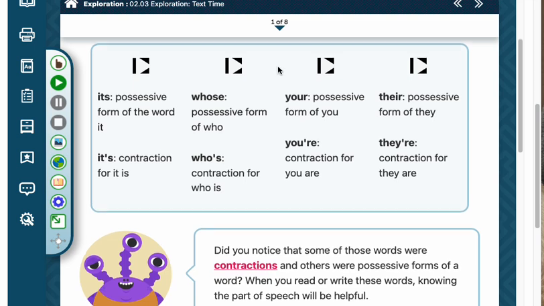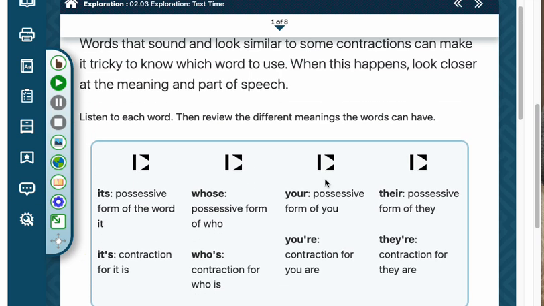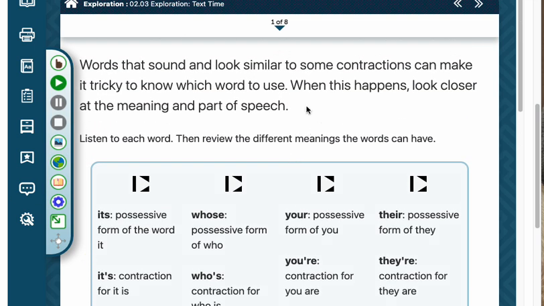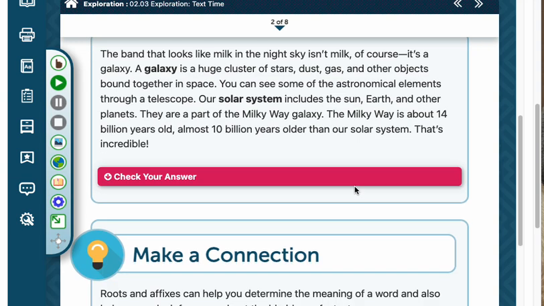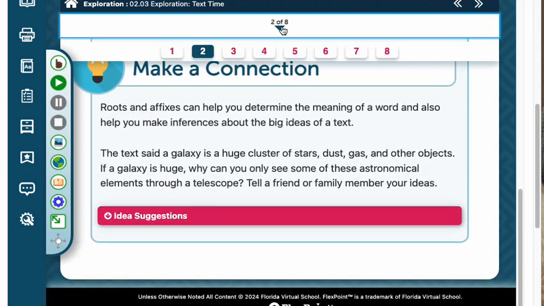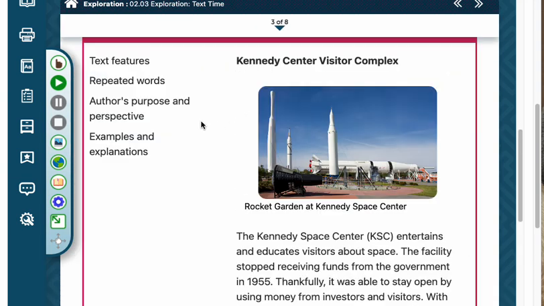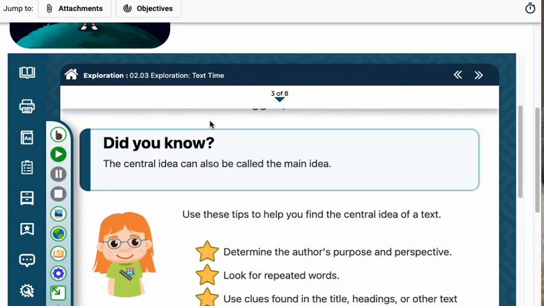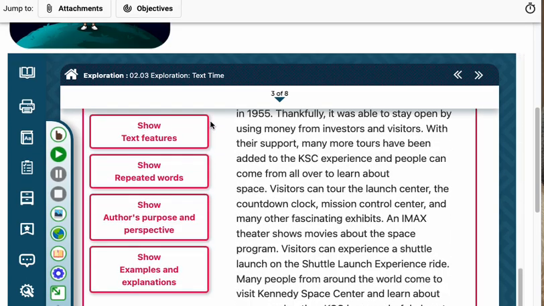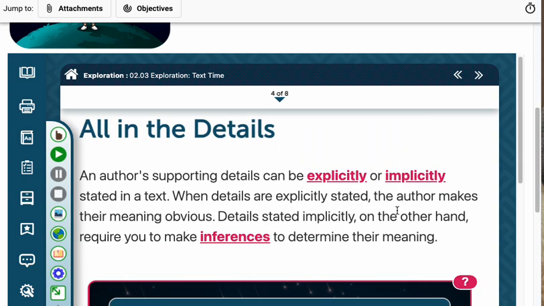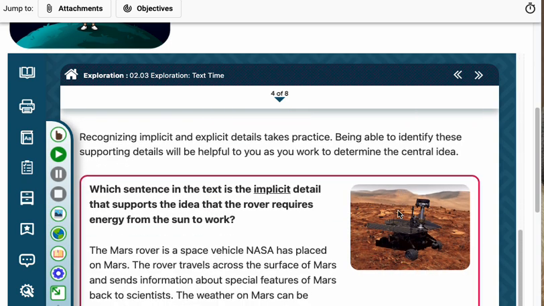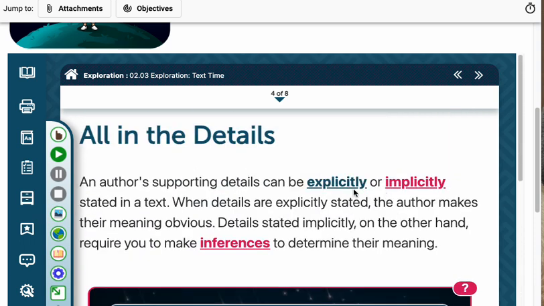You have the warm-up where you're looking at different forms of words that sound the same but are spelled different. As you continue, you're going to see some different definitions with bold-faced words. Then we have some different text features and central ideas. As you continue, it's going to review implicit and explicit inferences on page 4.